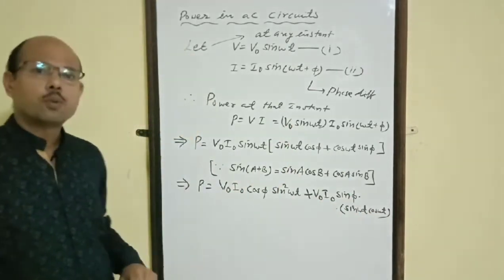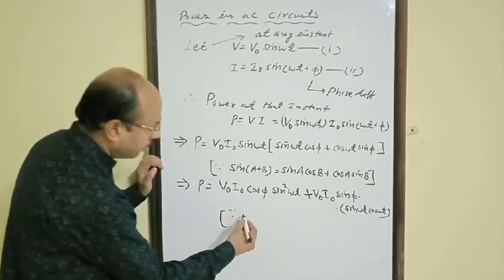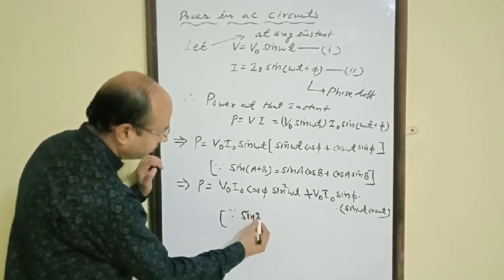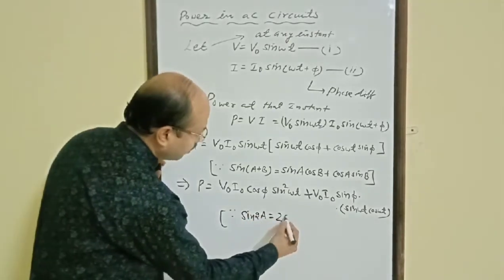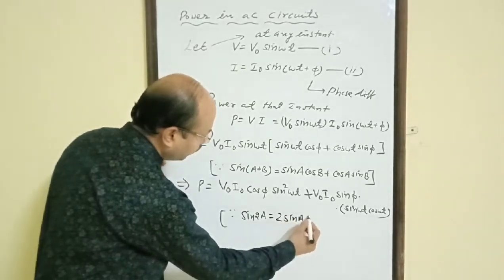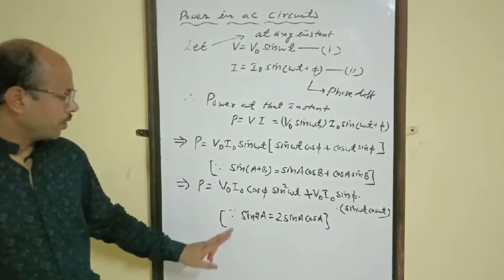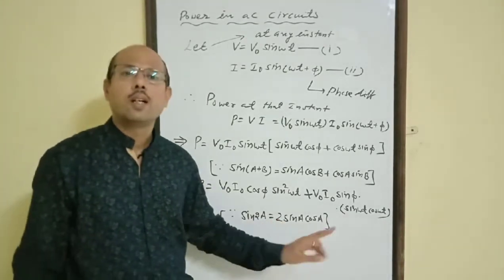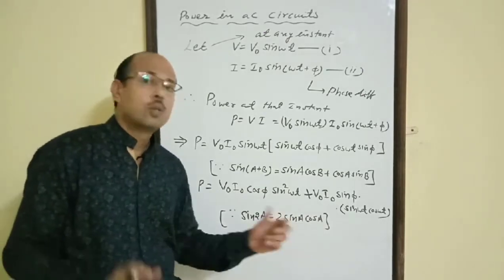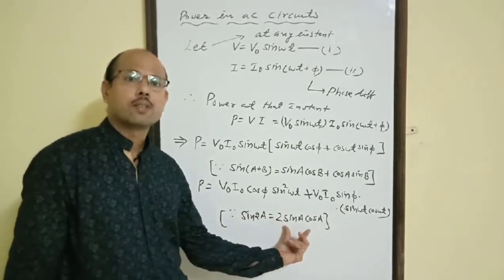Now again we have to use one relation of trigonometry. Sin 2 theta, or sin 2A, can be written as 2 sin A cos A. This formula you have also used when we discussed projectile motion in class 11.